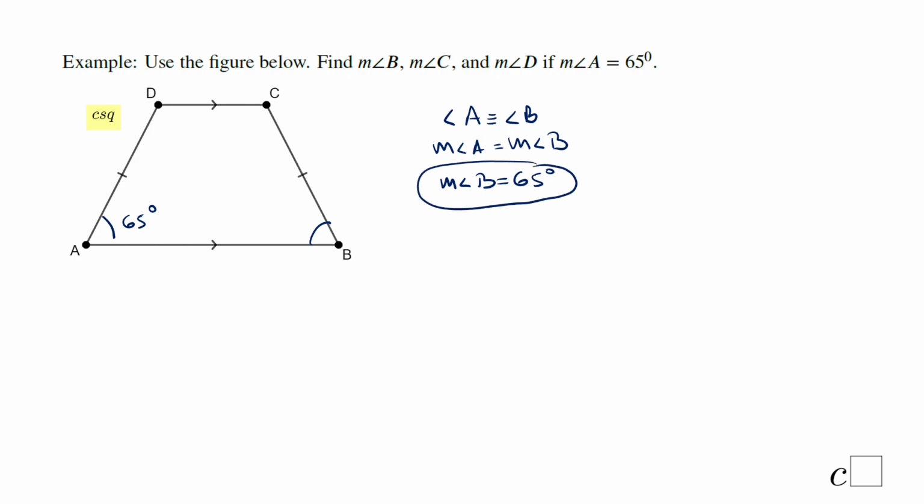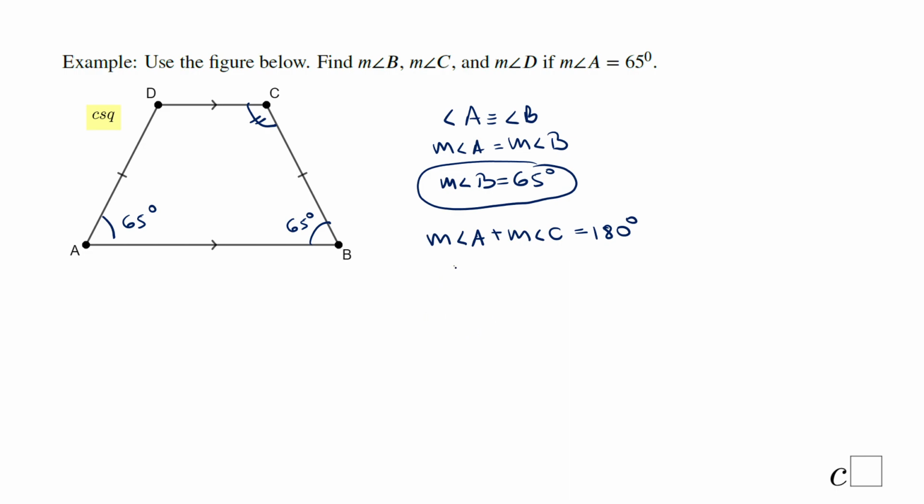Now let's find one of these angles, C or D. So let's say we're moving to angle C. Angle C is congruent with angle D, not congruent with any other angle, but it is supplementary with either angle A or angle B. So that's going to be my property. The measure of angle A plus the measure of angle C will be 180. Opposite angles in an isosceles trapezoid are supplementary.